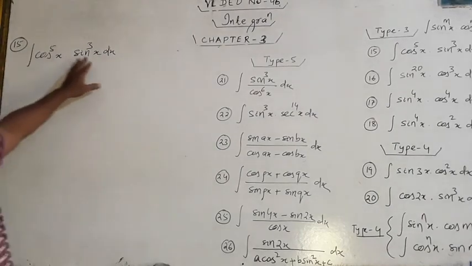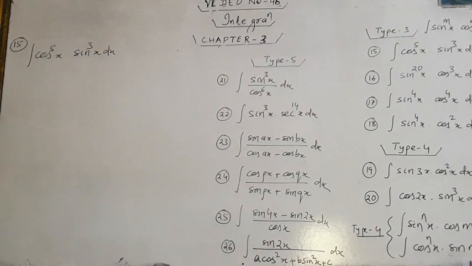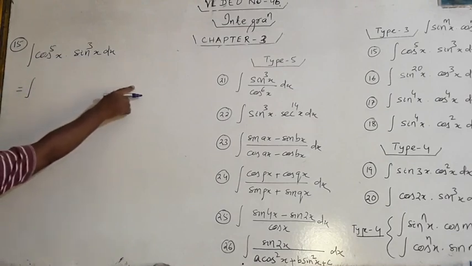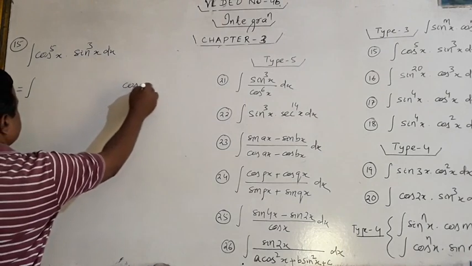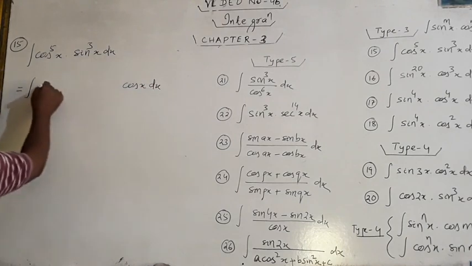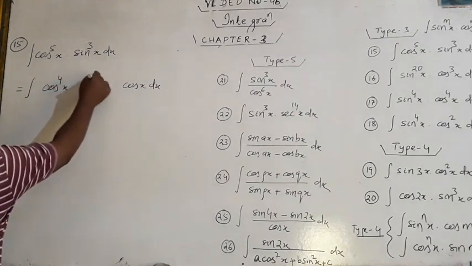Here both powers are odd. So the formula is to break the odd. But you have to break which power? Either you can write cos x. If you write cos x dx, then it is cos to the power 4 into sin cube x.